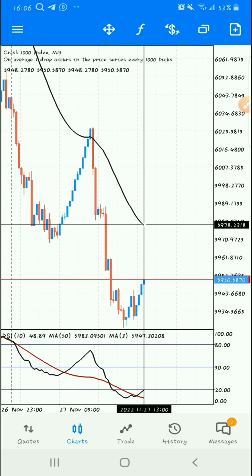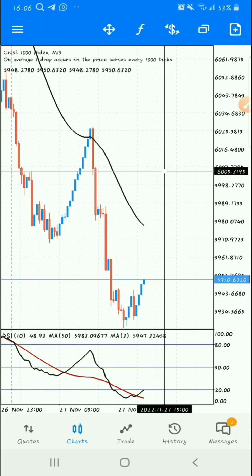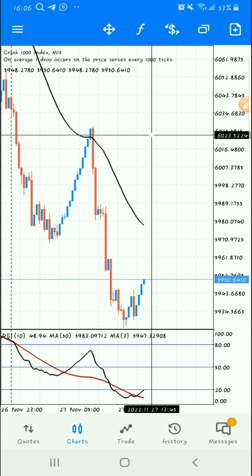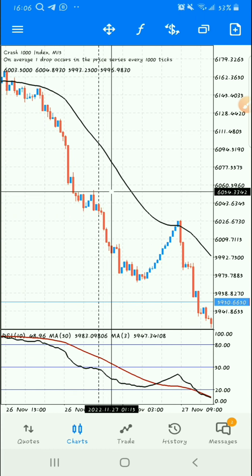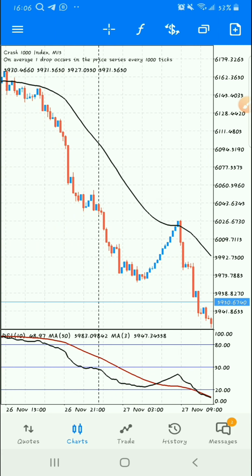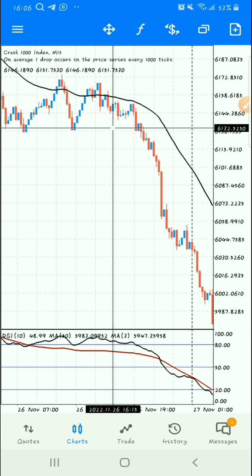I just enter and look for a minor support level. I put my stop loss, and I put my take profit somewhere here. My first take profit somewhere there, my second take profit at this consolidation zone, and my third take profit all the way up to this resistance zone that was broken. As simple as that.